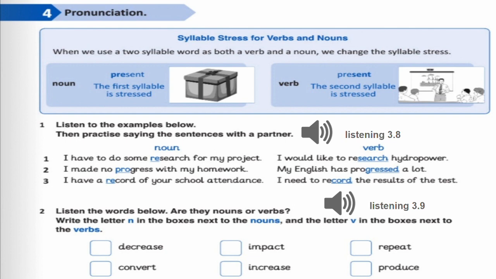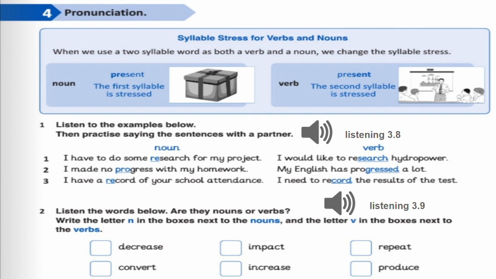My English has progressed a lot. 3. I have a record of your school attendance. I need to record the results of the test.